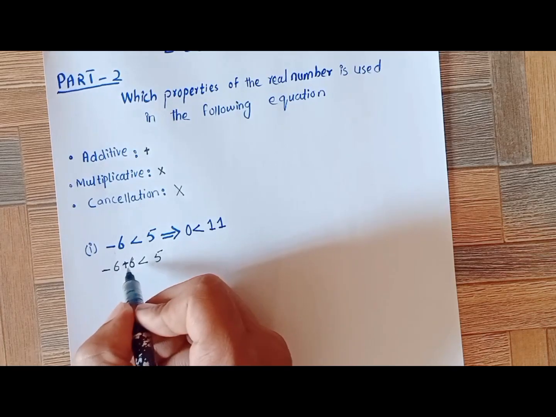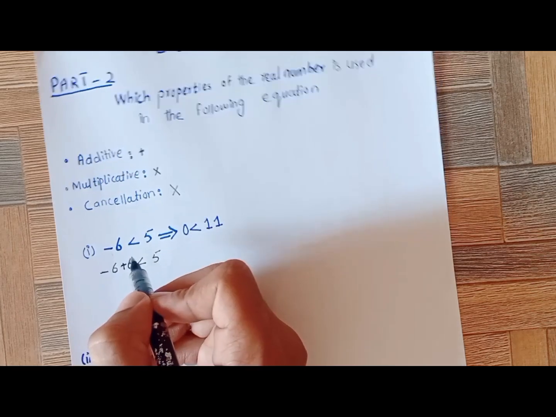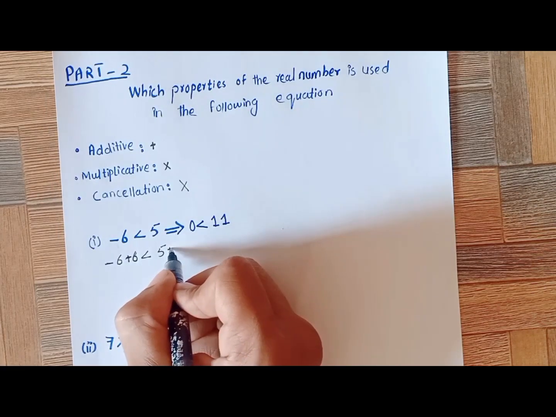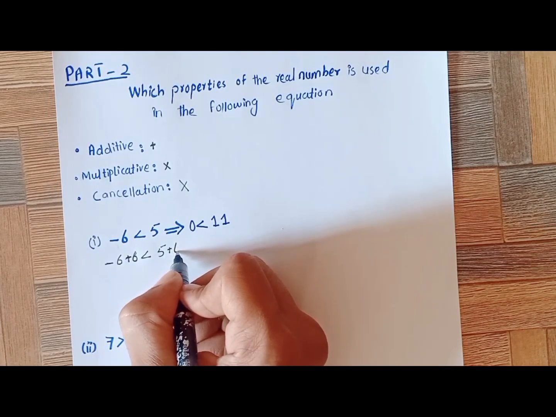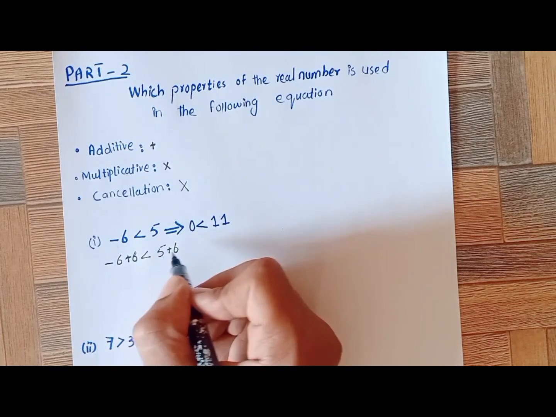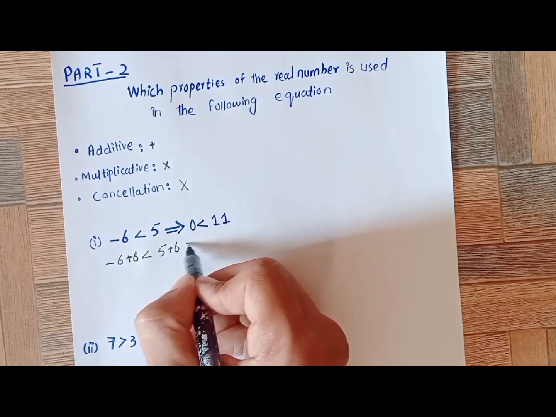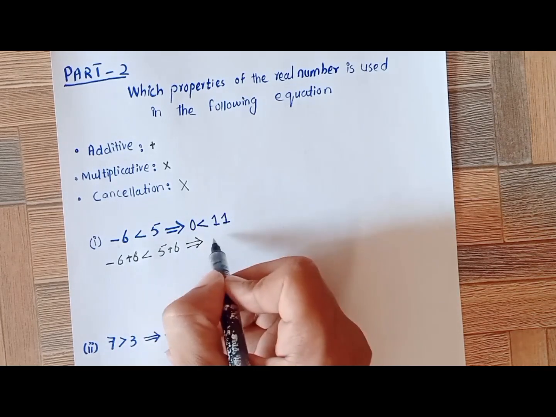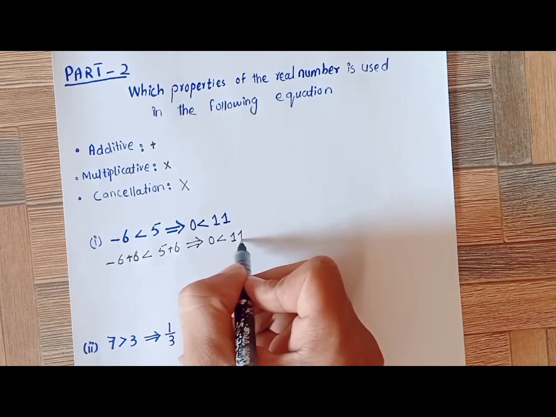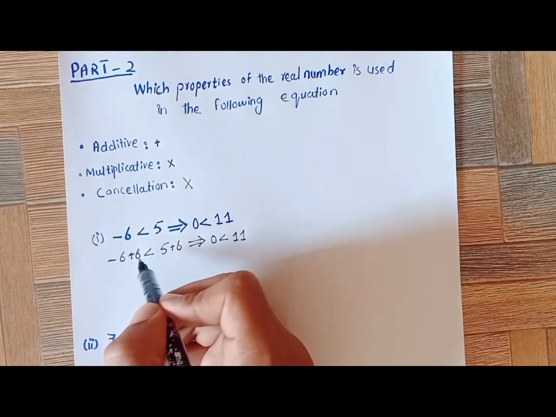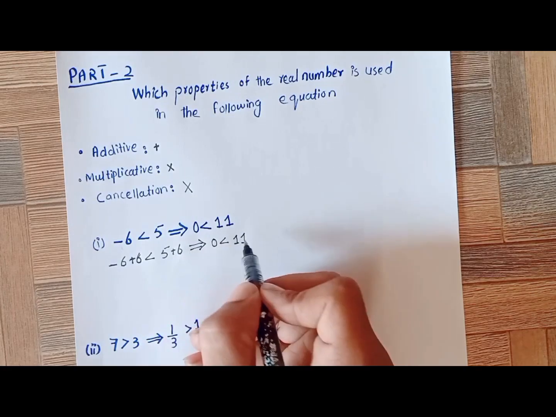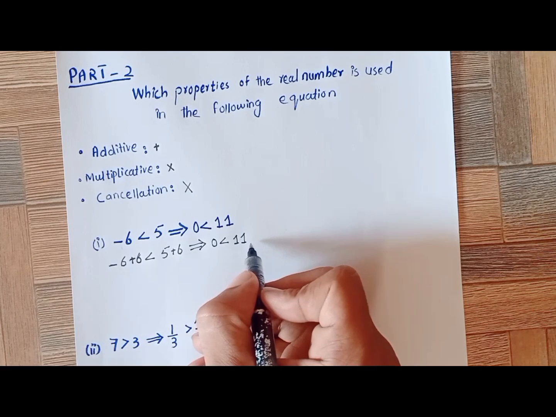If I put plus 6 on this side, I will put the same on the other side. Minus 6 plus 6 is less than 5 plus 6, which gives 0 less than 11. Here, if we cancel both, it will be equal to 0. 5 plus 6 is equal to 11.